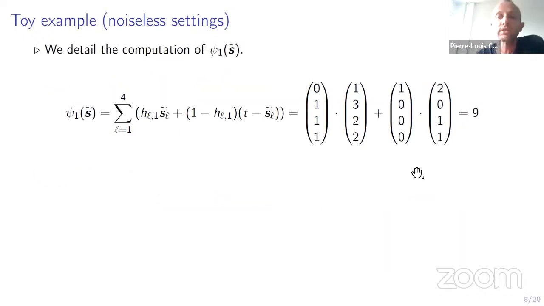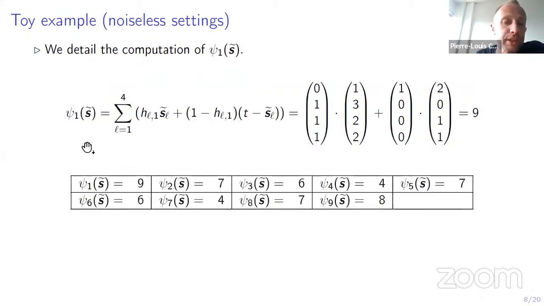So it gives us a weight of 9, which is the score of this first column. And we do so for all the other columns of the matrix. So we obtain different scores, which is 9, 7, 6, and so on and so forth.